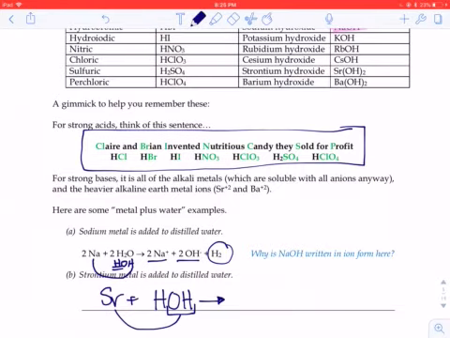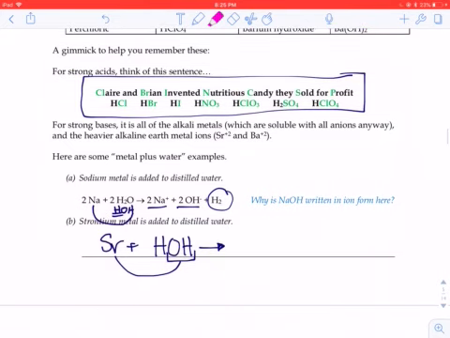Well, strontium hydroxide is on my strong base list, so that means it's going to dissociate in water. It's going to break up. So when I go to write that, I would say strontium is +2, and I would have 2 hydroxide ions to combine with my strontium +2. And then I have my hydrogen gas.